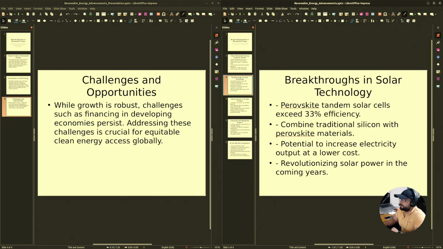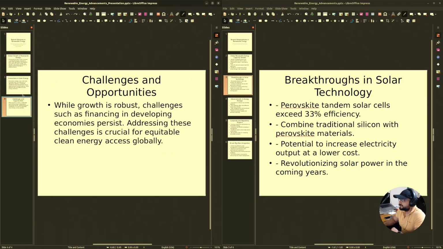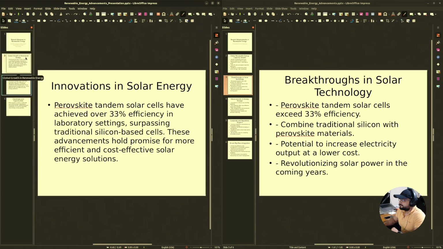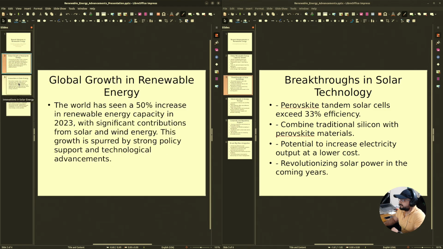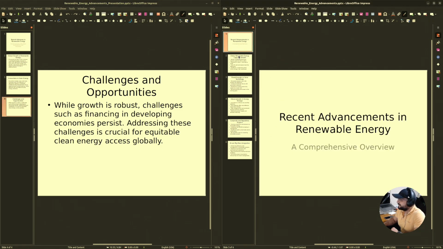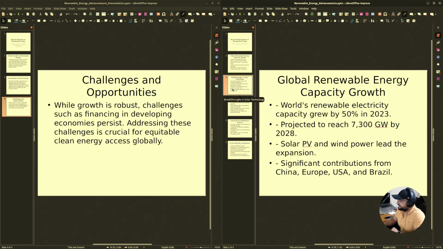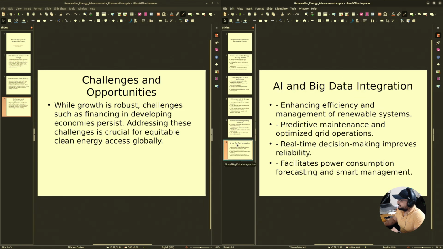So the GPT-4 on the left-hand side created these 4 slides for us. Okay, so it focused on renewable energy and all that. And the right-hand side also did the same thing, advancements in renewable energy, and it made a 5 or 6 slide presentation out of it.